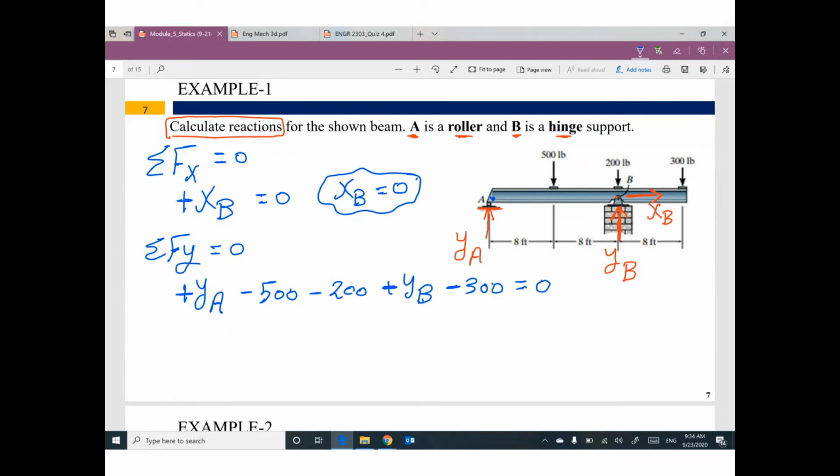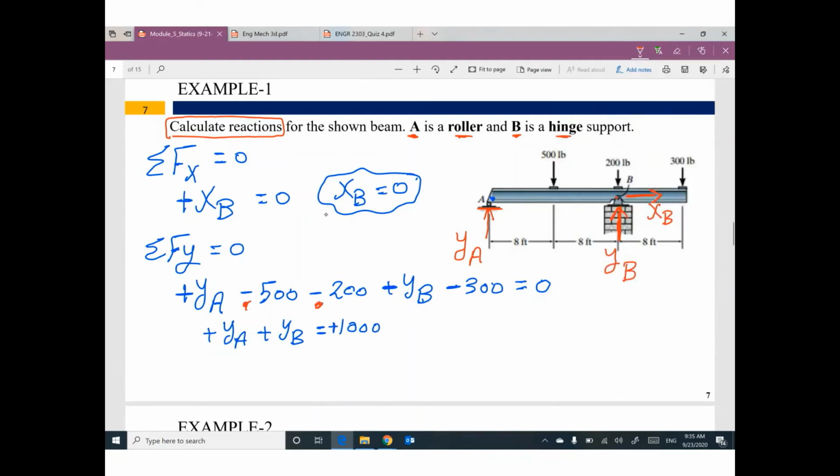Can you simplify this equation a little bit? Yeah. I will keep YA, which is positive, and YB, which is positive, on this side, and I'm going to move everything else to the other side. We have 500, 200, 300, which will be 1000 and will be positive. Hey, these numbers have negative signs.